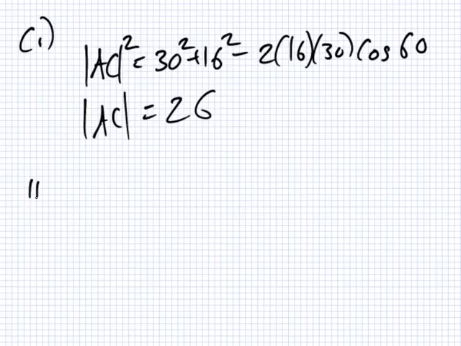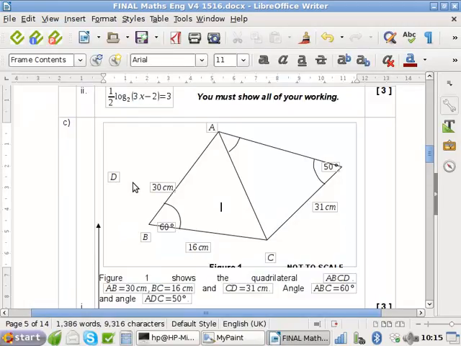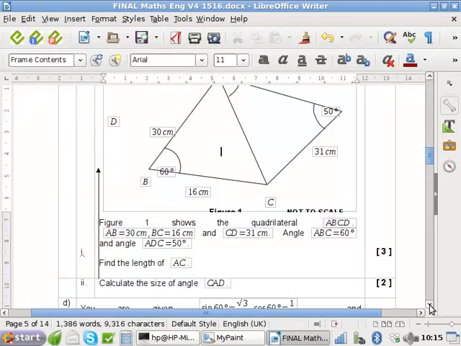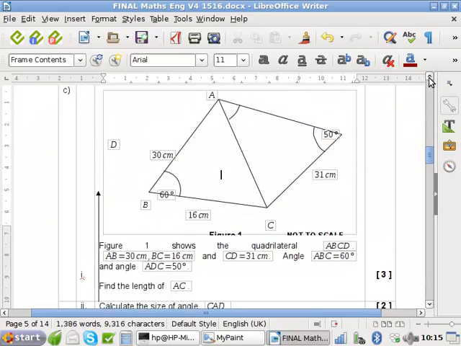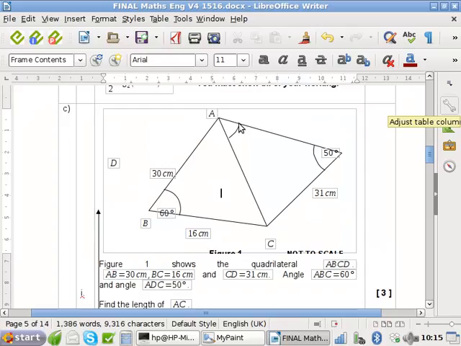That was easy. Part 2 is calculate the angle CAD. They want this angle here. What rule could I use for that? I could use sine rule. So I'll call this angle theta.